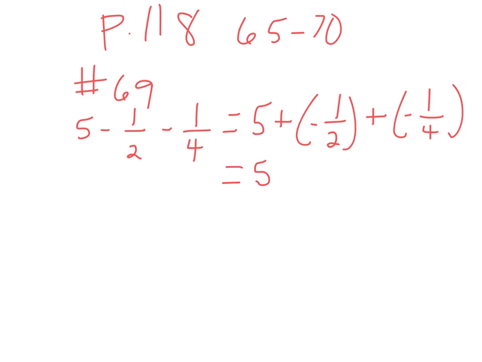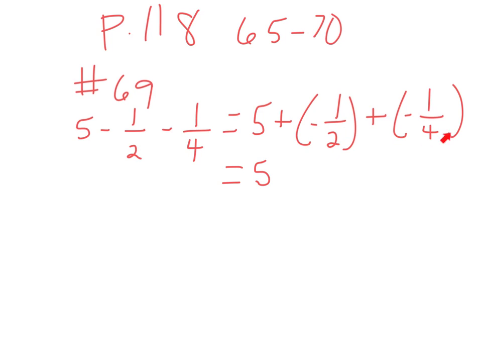So let's take a look on page 118, questions 65 through 70, which were a little tricky. Number 69 was 5 minus 1/2 minus 1/4. We rewrite it as 5 plus negative 1/2 plus negative 1/4.